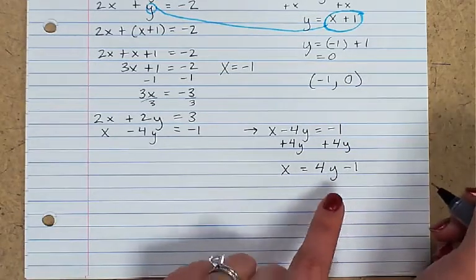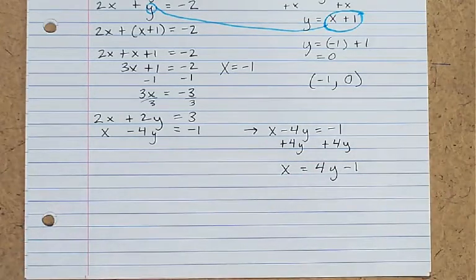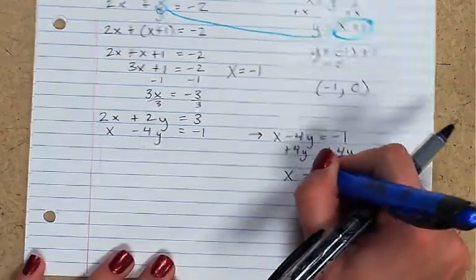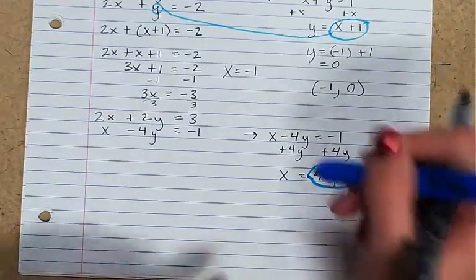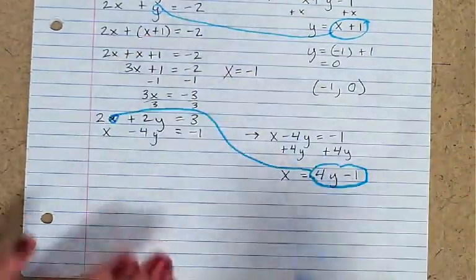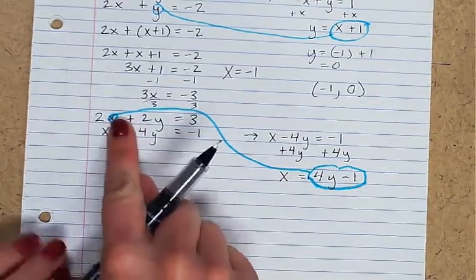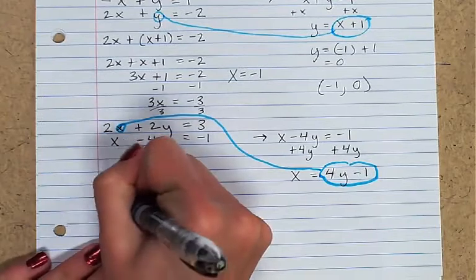Okay, so now we know what x is. Even though it's not just a number, we can go ahead and take what we got for x. It's going to be 4y minus 1. And I'm going to plug that in to the x in the other equation. So I used this equation to isolate, so I have to plug what I got into the other equation.